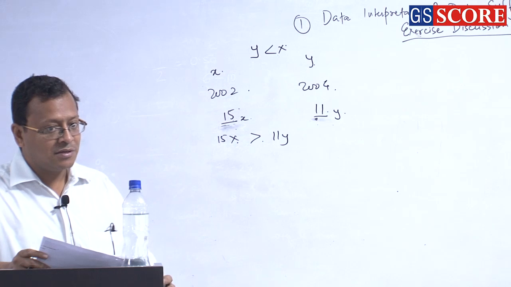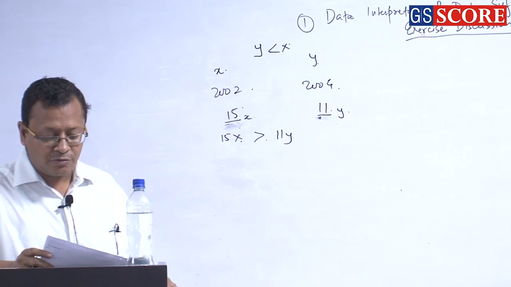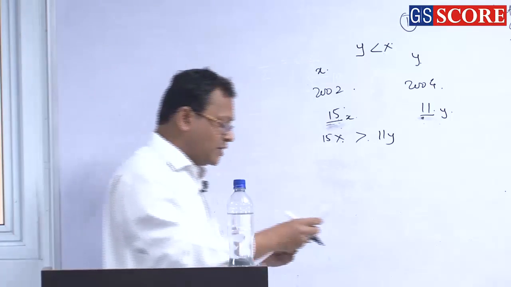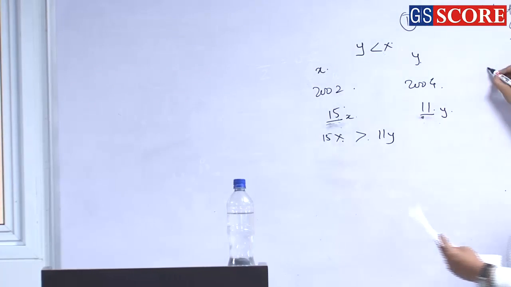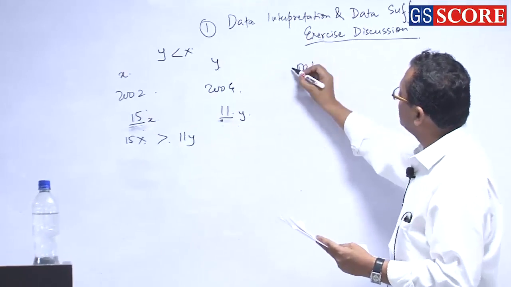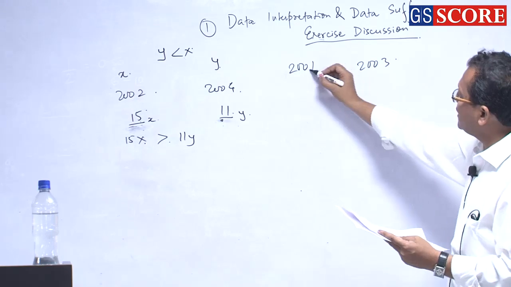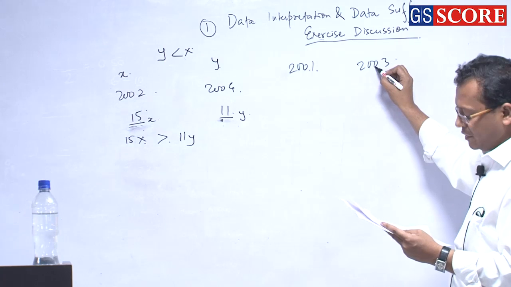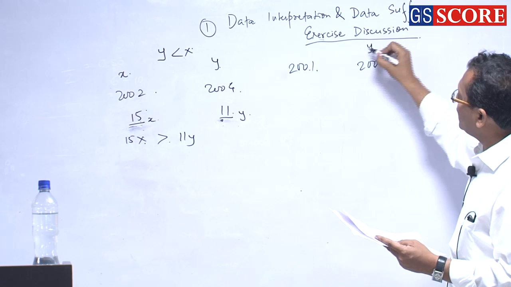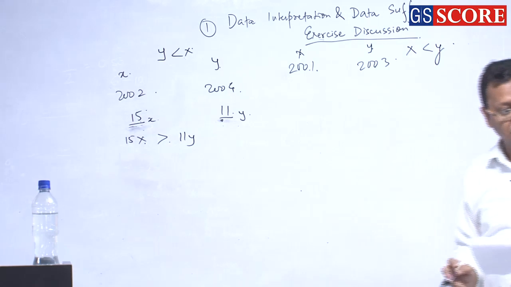Clear or not? In the second question, the number of continents in which the sales increased from 2001 to 2003 is at least. Now, we are seeing that the company's total annual sales in 2001 and 2003, 2001 sales is lower than 2003 sales, okay? So if this is y here and this is x here, x is less than y, it's given over here.